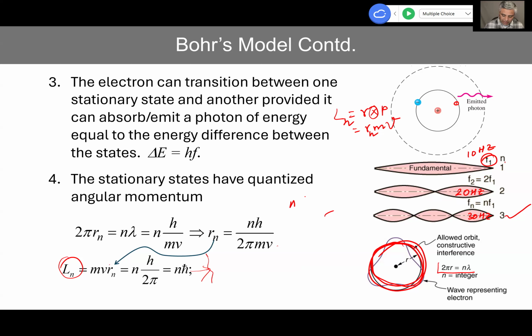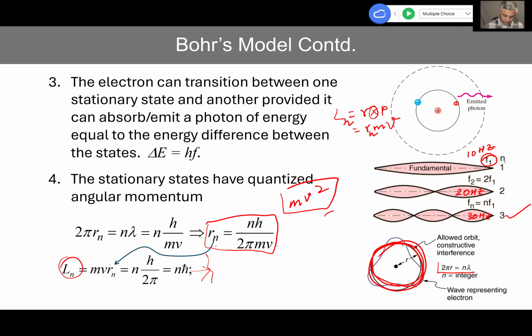Remember we had this equation for mv squared using Newton's second law, and now we have this equation for Rn, and actually this can also be written as, let's see.